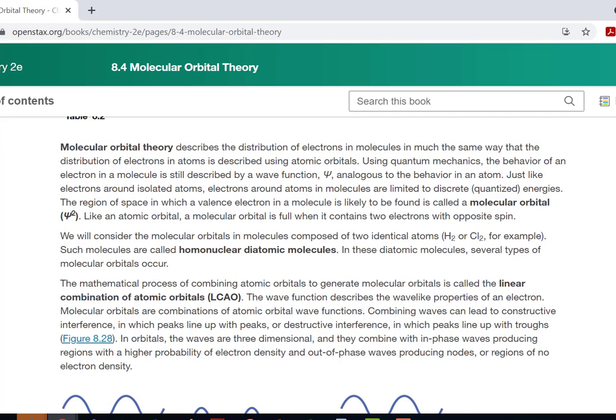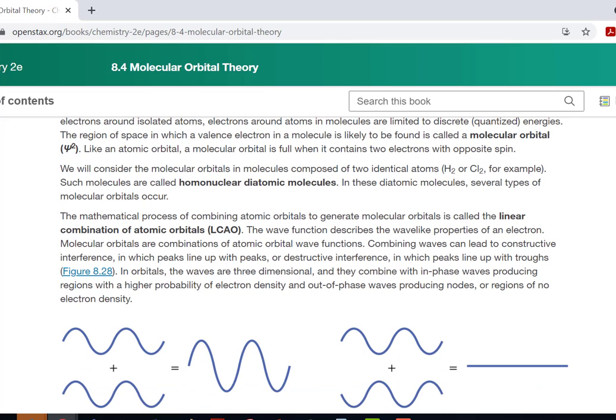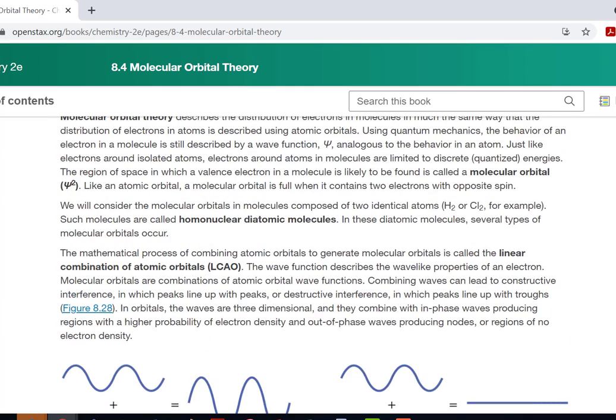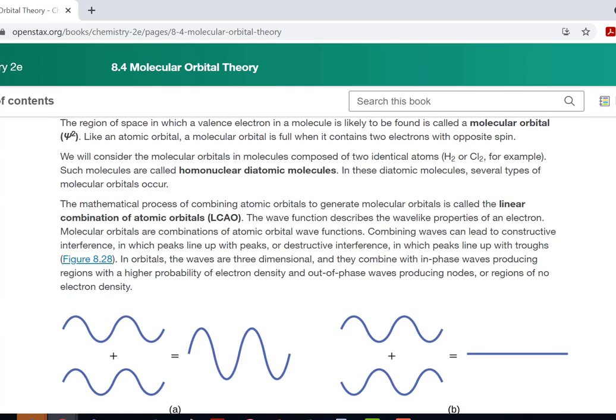So we come up with what are called molecular orbitals, and we are still going to have this idea of the linear combination of atomic orbitals, where we take all of the atomic orbitals and combine them together into molecular orbitals. And we have the same number of orbitals in the molecule as we did within those atoms.